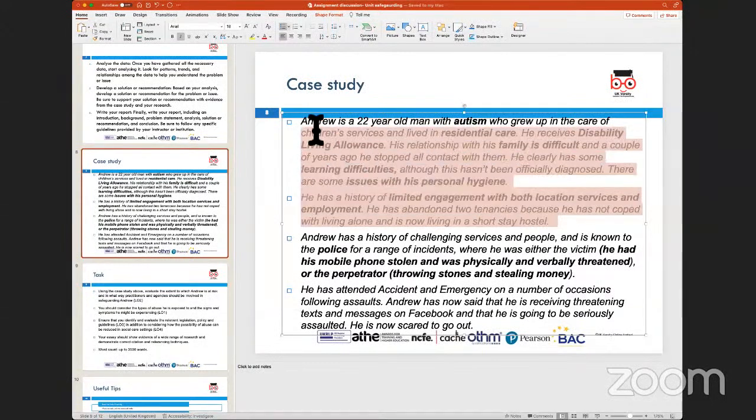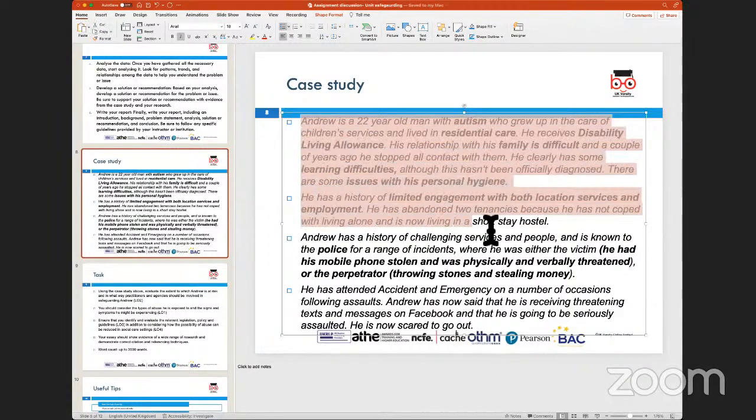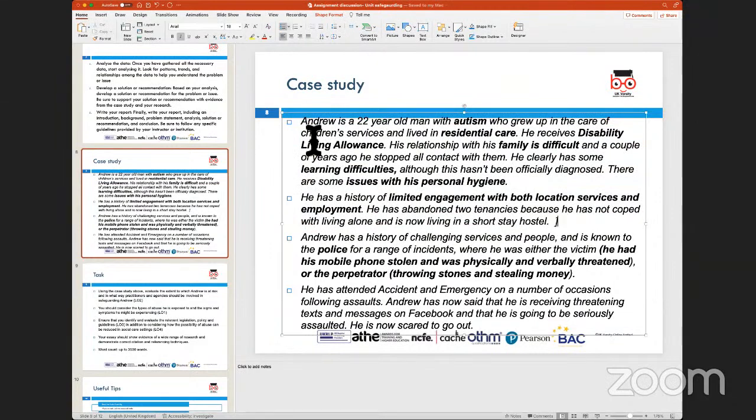This part talks to me about the risks which Andrew has faced and what the practitioners and agencies should be looking into when they look at the context of safeguarding. So if you ask me, this particular bit is actually talking about learning outcome 2.